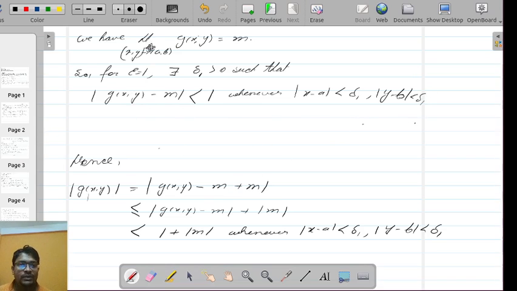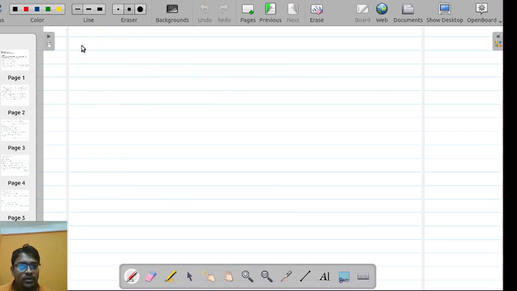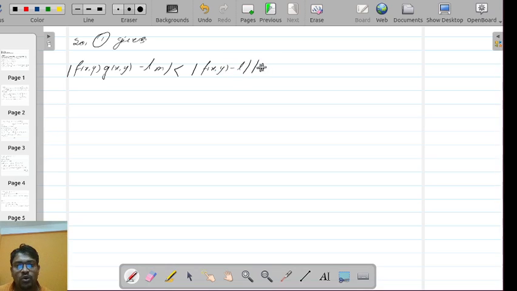So ultimately from 1, we get mod of f of xy into g of xy minus lm is strictly less than mod of f of xy minus l into 1 plus mod m, plus mod of l into mod of g of xy minus m.